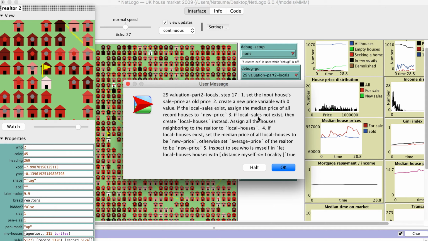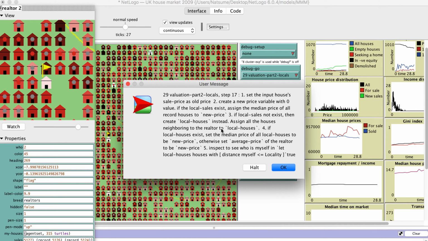But if the local sales do not exist, then we have to find local houses instead. So what are local houses? Local houses are actually referring back to the neighboring houses to the realtor. Ideally the realtor can check the sale records for the neighboring houses to the house we're going to evaluate.